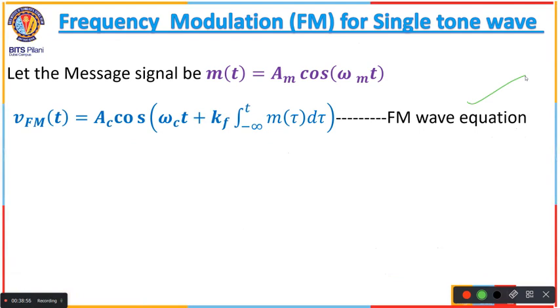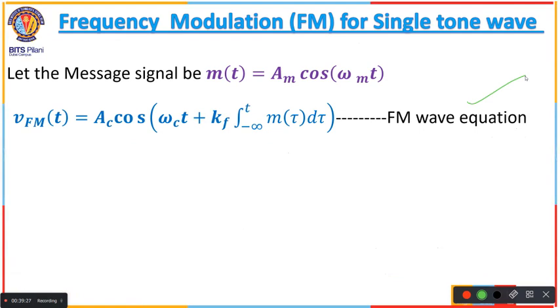Now, in this case, if I make that oscillator oscillate according to my input, instead of generating a sine wave of constant frequency, if I change it to oscillate in such a way that the instantaneous frequency of the oscillation depends on my message signal, what will you get? An FM wave, yes or no?